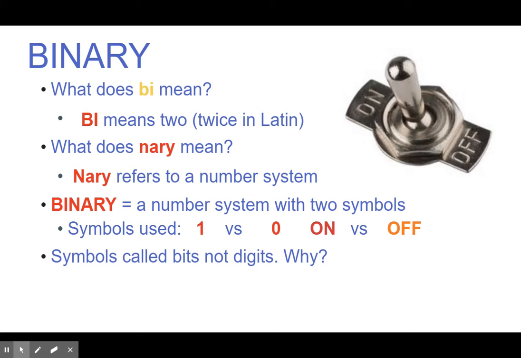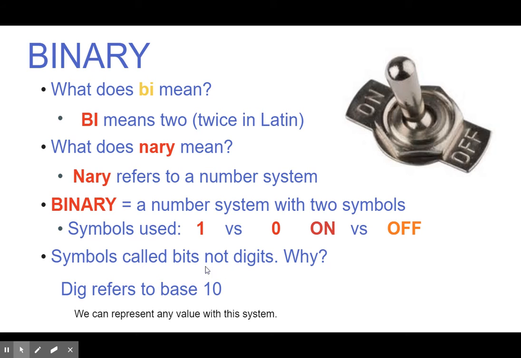Since the symbols used are on or off, just like the switch picture shows, sometimes we use 1 for on and 0 for off. We use two symbols. We can't call them digits because digits refers to base 10.